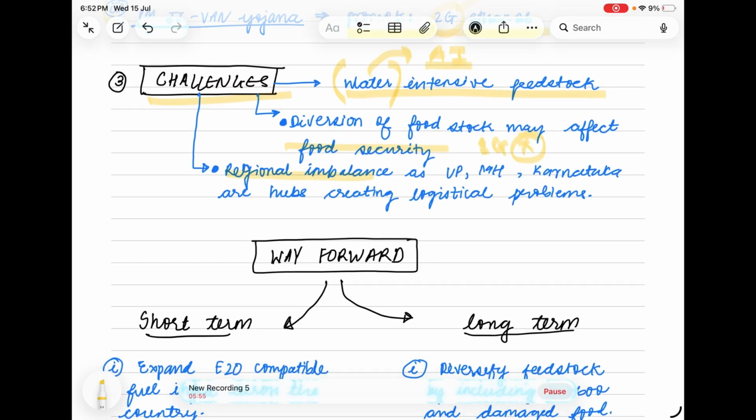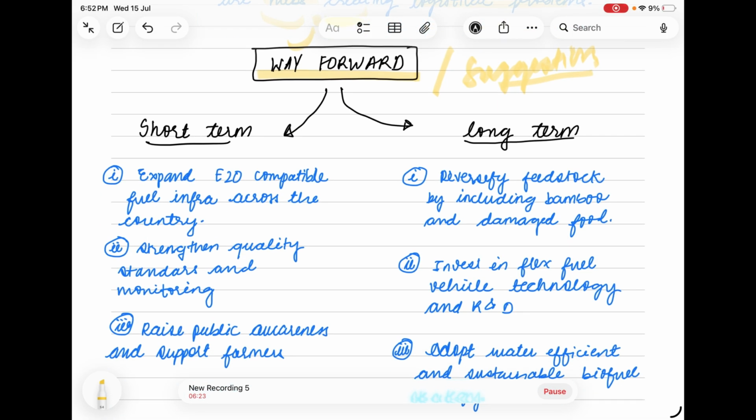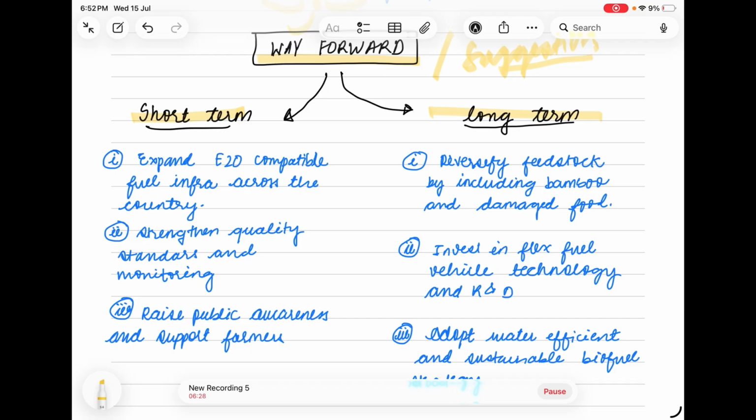With that, there are challenges in this aim. Number 1 is that it is a water-intensive feedstock. Water is already a very critical resource, and nowadays with the advancement of AI, fresh water is always in a crunch. Another challenge is that diversion of feedstock may affect food security, and therefore we have seen that 1G ethanol is not ideal.